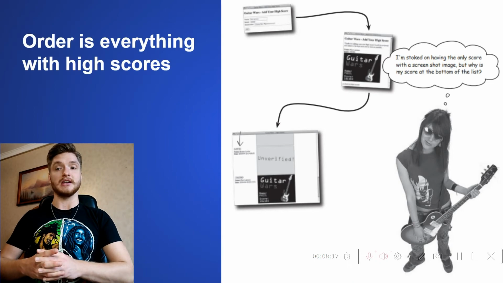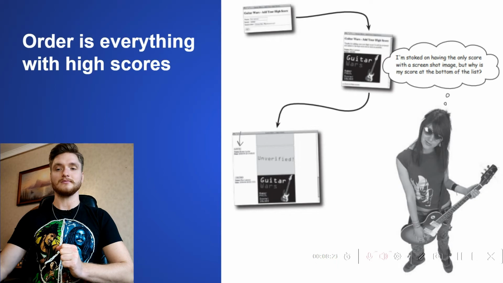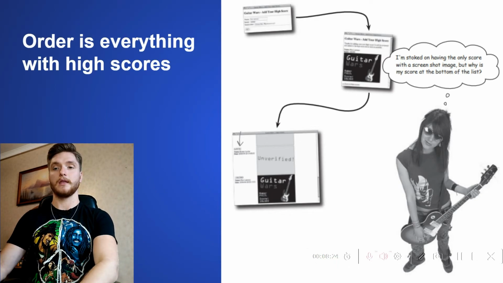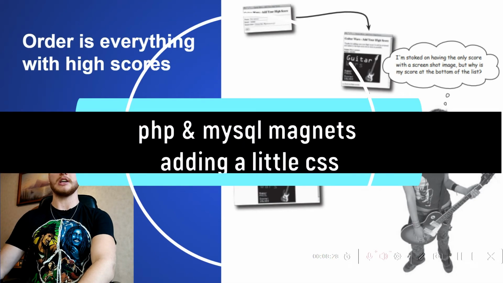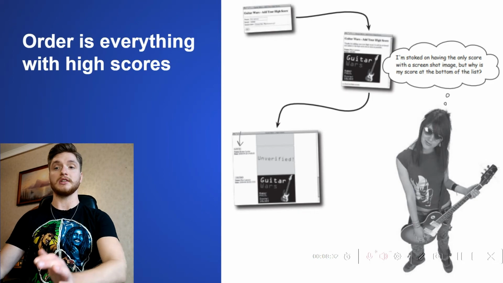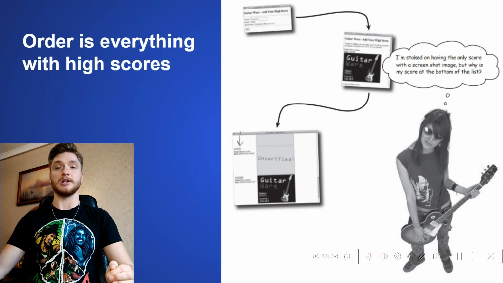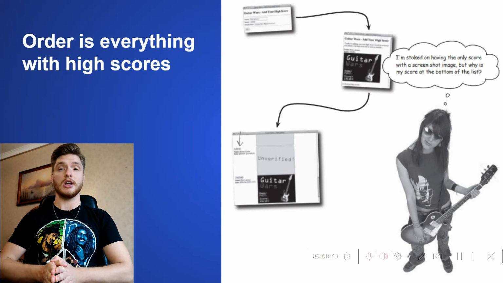The ORDER BY SQL statement makes such ordering possible. So, our next topic, ordering the top guitar vars scores and formatting the top score with HTML and CSS. Adding a little CSS, we will talk about this in the next lesson.